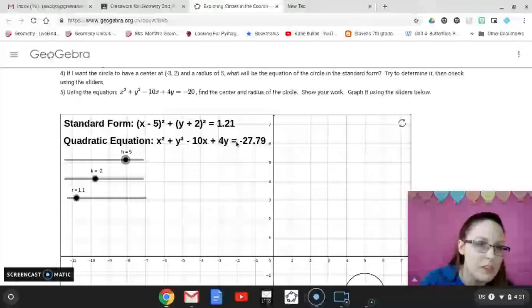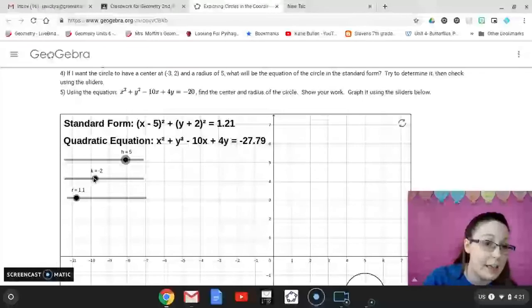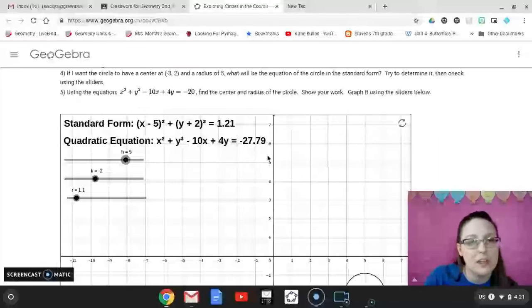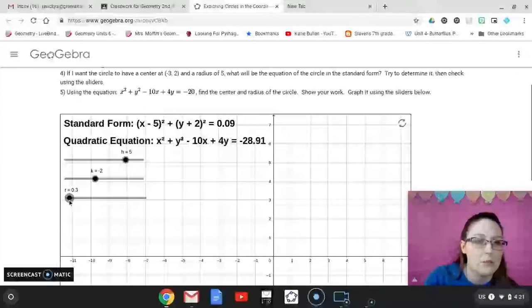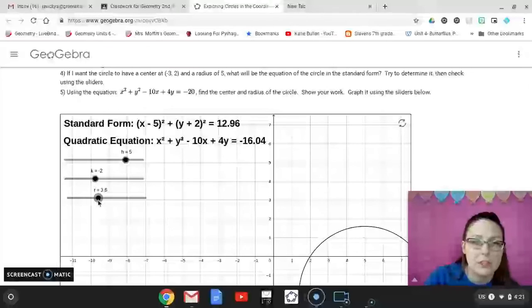Well, this right here is related to both h and k, but it's really being affected more by the radius. So since we have h and k where they need to be, let's take r and let's slide that around and see if we can get this really close to negative 20. All right. Oh, I'm going the wrong way again. And as close as I can to negative 20.